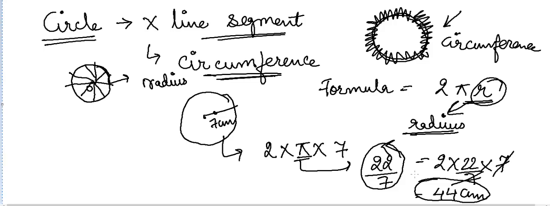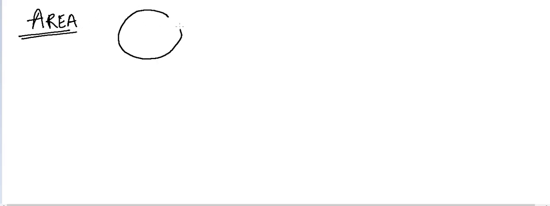Now let us calculate the area of circle. Similarly, area is defined as the space used to cover the circle or used to occupy. This is the area of circle.